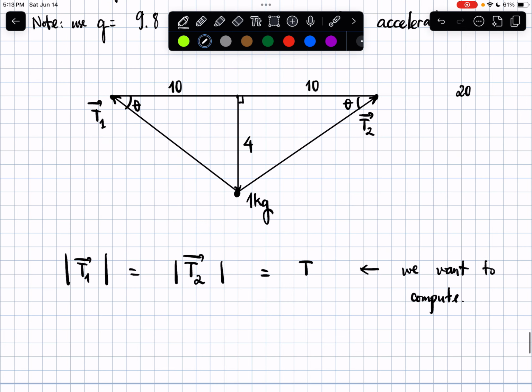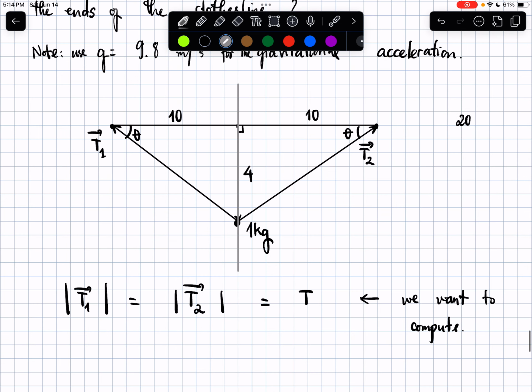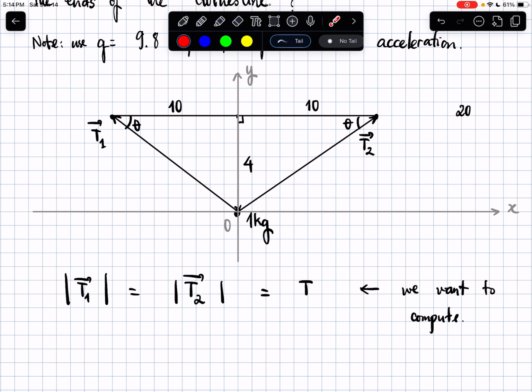So what is that? Let me put an x, y coordinate system here, with origin O.